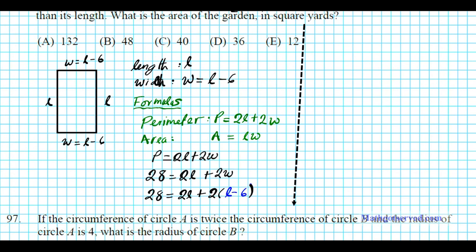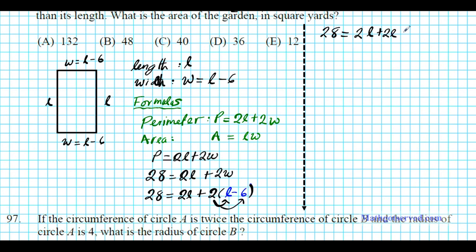Partition my workspace so we don't get confused. So we have 28 equals 2L. Now we're going to distribute this 2 to the two terms in this quantity right here. So if you distribute 2 to L and negative 6, you're going to have plus 2L minus 12. Okay, now let's solve this resulting algebraic equation.